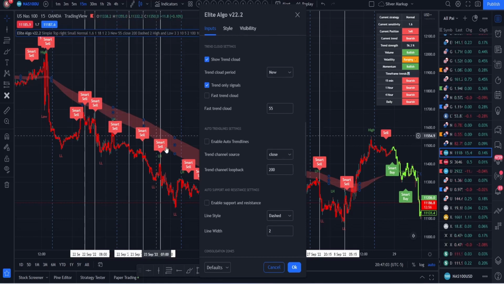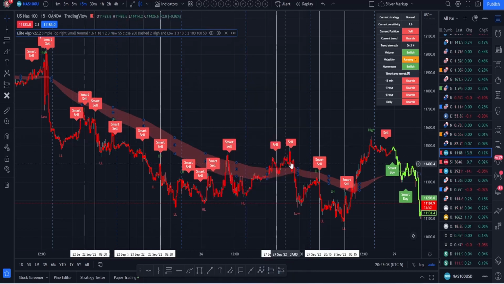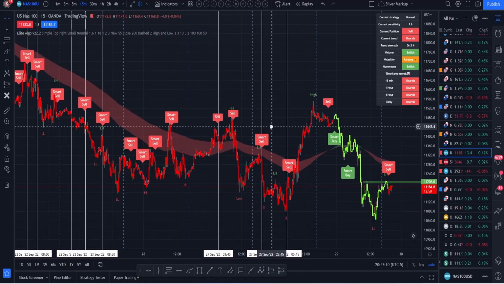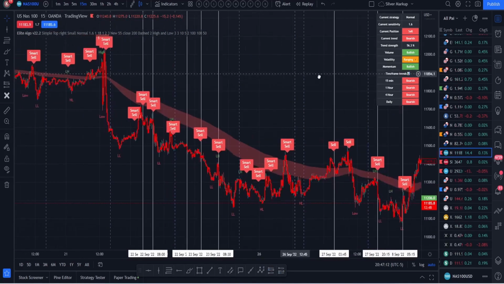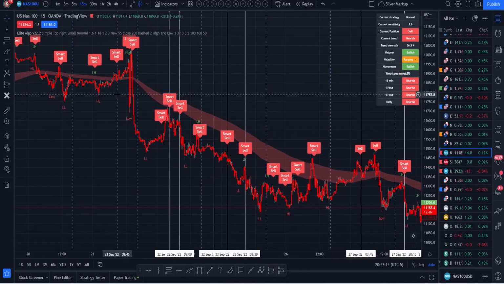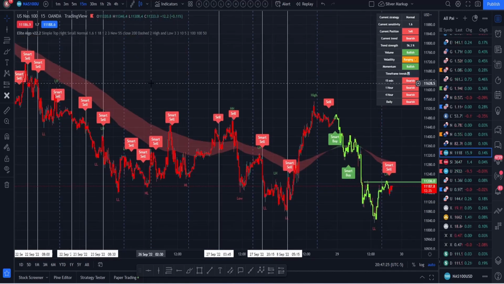But that's going to give you just the trend, and I like that. If we go back, this looks very clean. Very, very clean. So I know what the trend is. If I see a lower low and I see a sell signal, I might be getting a good area of selling. Very, very simple. That's what Elite Algo makes happen.